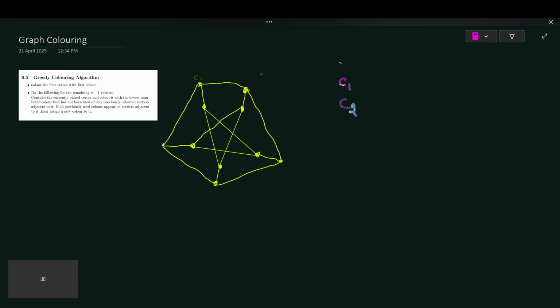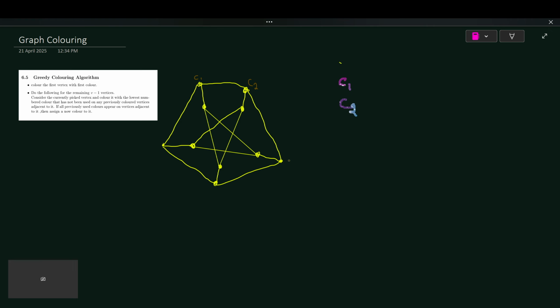Now we move on to the second vertex, and this one is adjacent to the first vertex, and therefore it cannot be colored with the color c1. So we have to use the second color c2. Then we go on to the third vertex. We can choose vertices arbitrarily, but we follow a particular pattern that will make things easier.